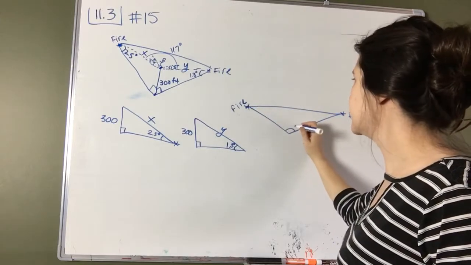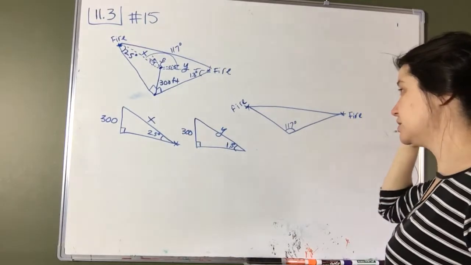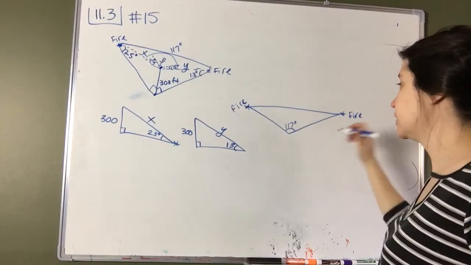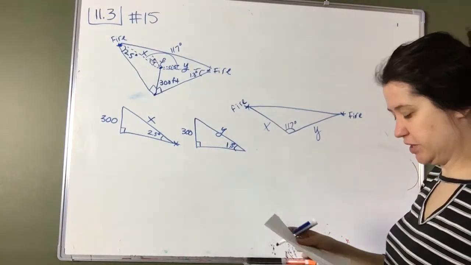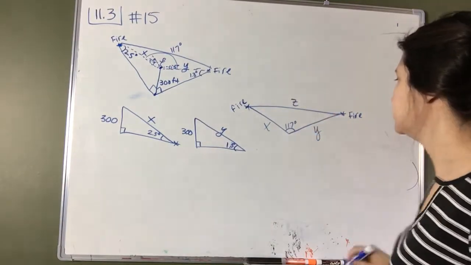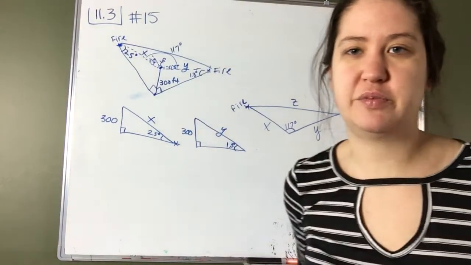We know this angle is 117 degrees. This is what we're calling y, this is what we're calling x. And what we really want to know, I'll call this z. Because the question asks how far the fires are away from one another.